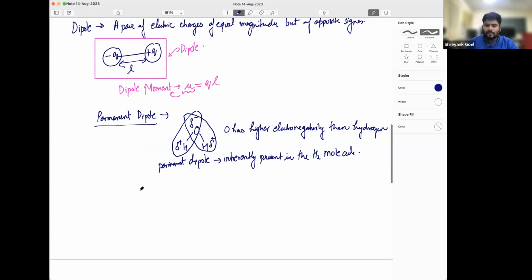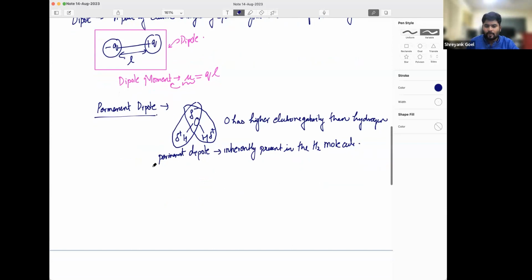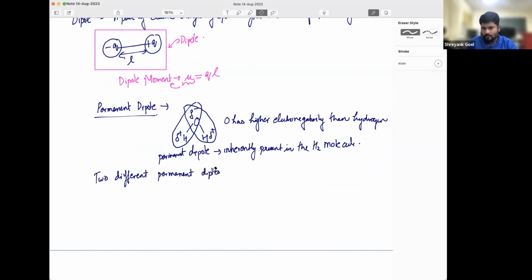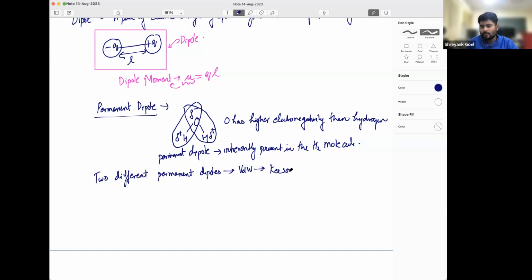So when we have two such different permanent dipoles, then we have the VDW force, that is because of the Keesom interaction.